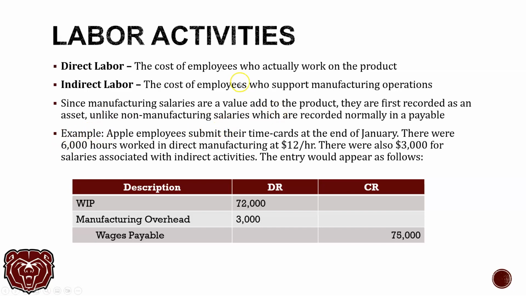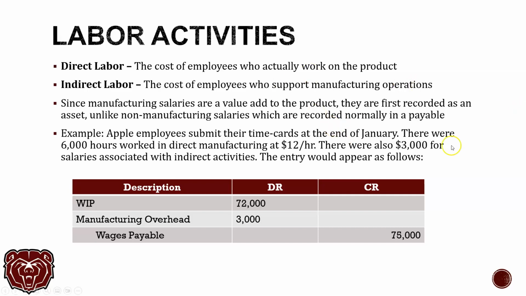So, for example, let's say Apple employees submit time cards at the end of January. There were 6,000 hours worked in direct manufacturing at $12 an hour, and there were also $3,000 for salaries associated with indirect activities. Now, both of these add value to the product, so we're going to increase our asset.